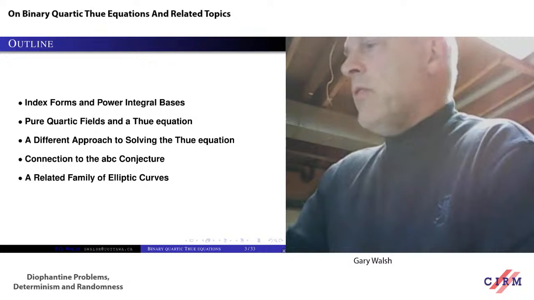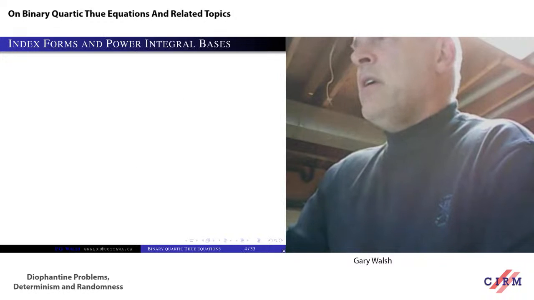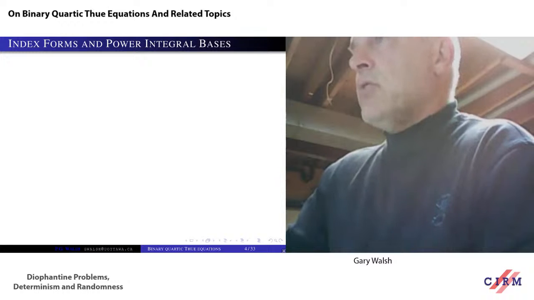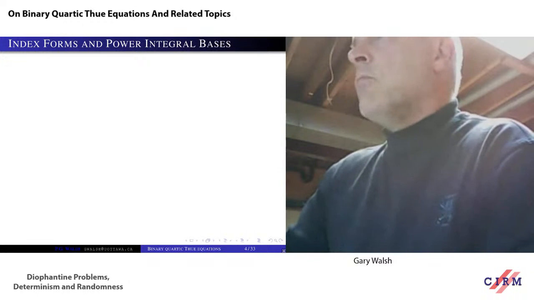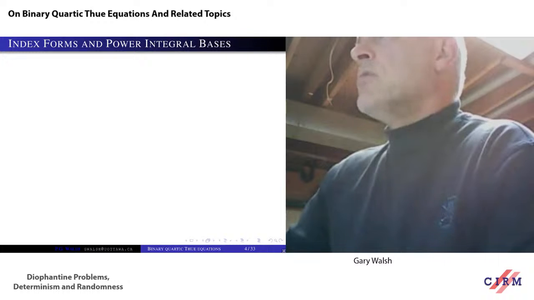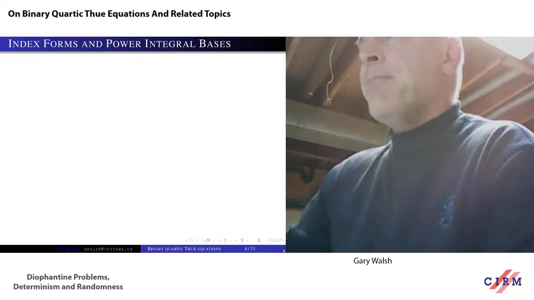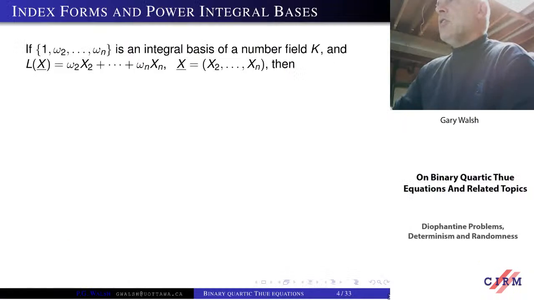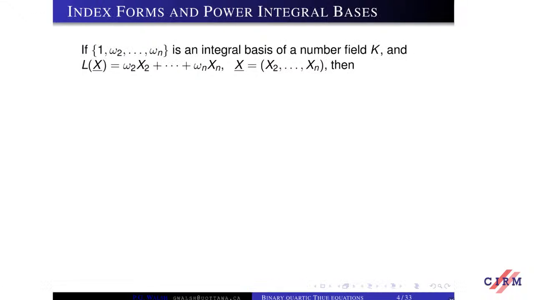Okay, so without further delay, let me start off by looking at the source of index form equations or index forms. Where did these things come from? Well, let's look at an integral basis of a number field K, and I'll just write it as 1, omega 2, up to omega n.